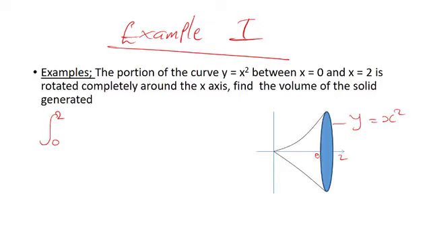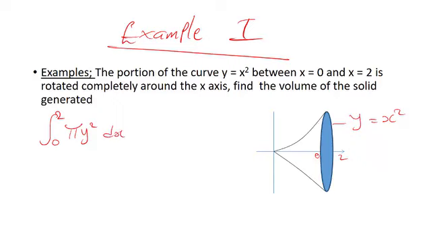Now what are we talking about here? We are talking about generating x squared, and we're talking about a revolution. So the first thing here is pi y squared, because it revolves through 360 degrees, so it's pi radians. So it's pi y squared dx. These are areas of concentration.